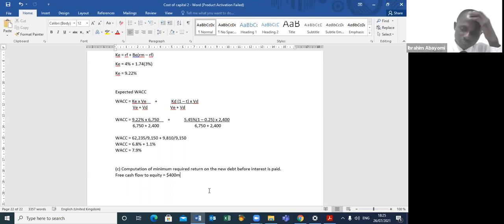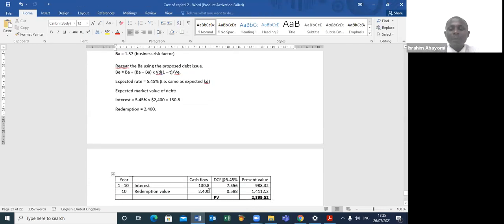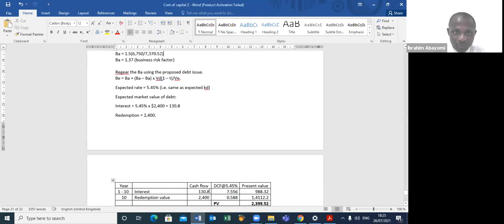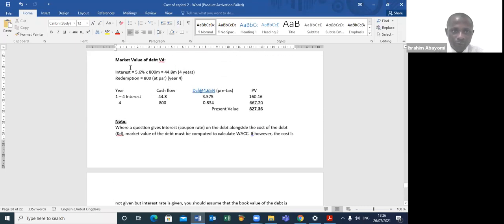I will discount. Let me go back to what we just did. When I wanted to get the market value of this debt, what did I do? I discounted interest using the cost of the debt, because interest is what is available to debt holders.